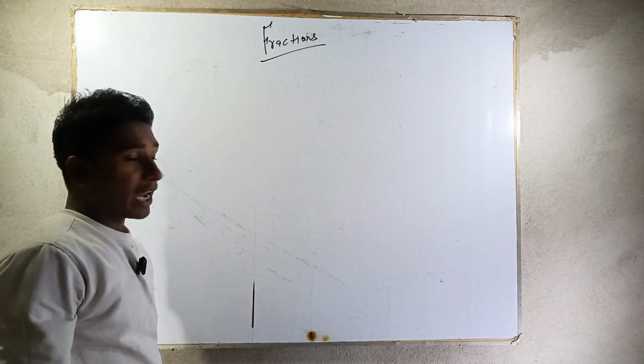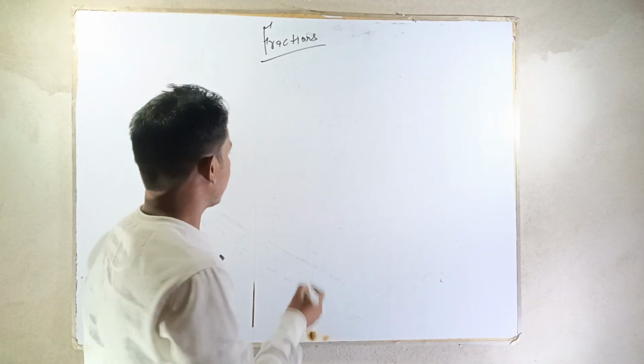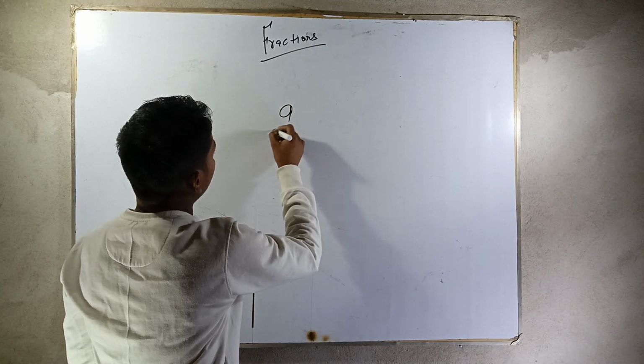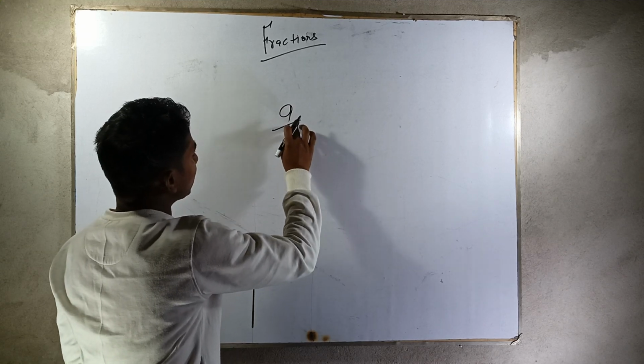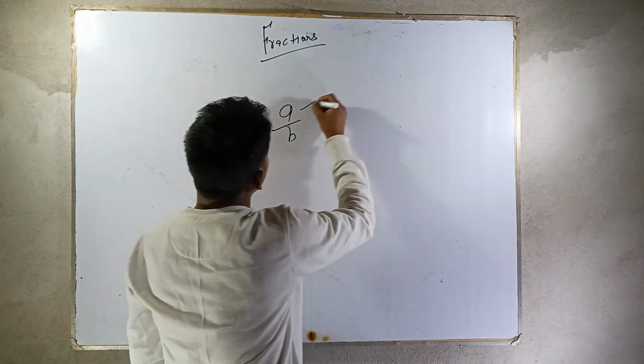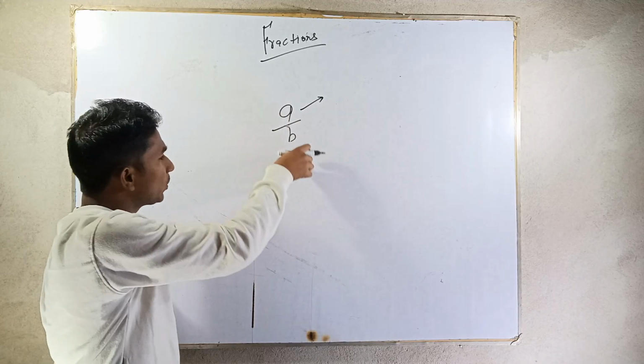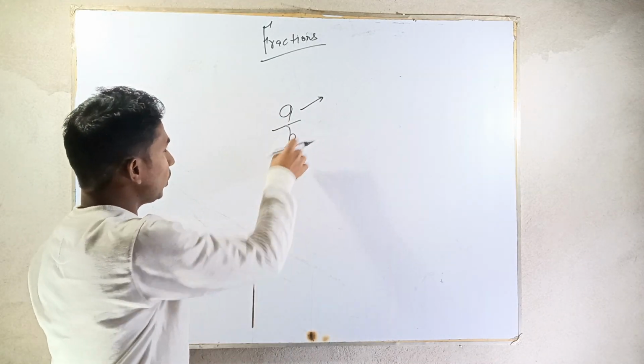Fraction. First, I need to know what a fraction is. A fraction is in the form of p by q. This is called a fraction. A fraction has two terms: one is the upper part and the other is the lower part.